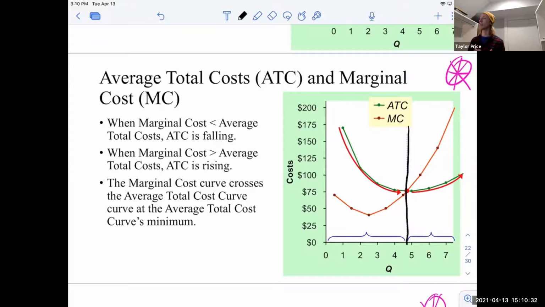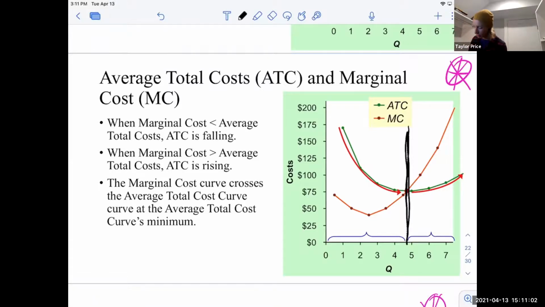When marginal costs are greater than average total costs, that means that the average total cost curve is rising. So an important thing to remember is that there is the minimum point, which is the intersection point between the two curves. And then you have the point where marginal costs are less than average total costs, and where marginal costs are greater than average total costs.